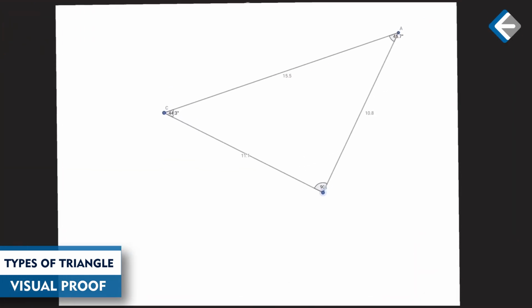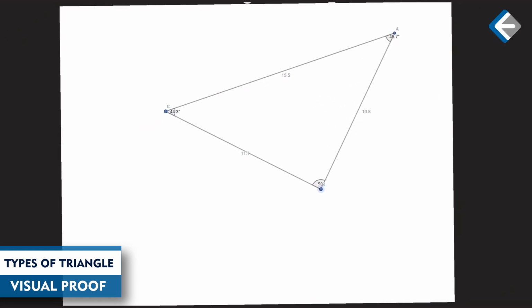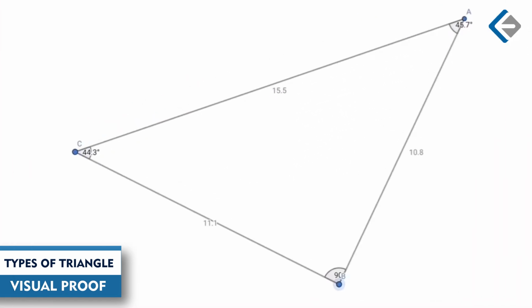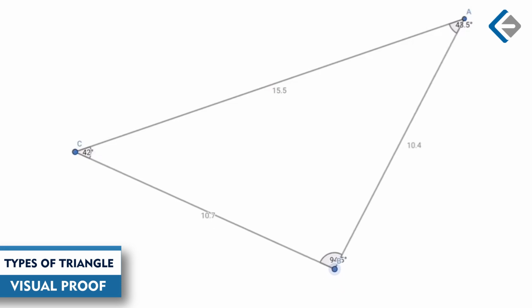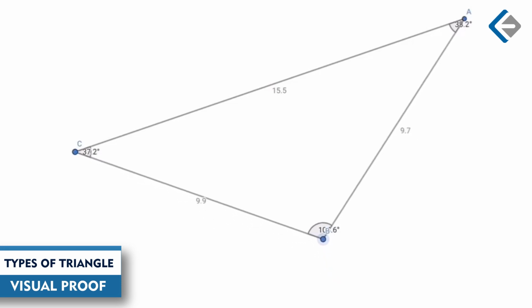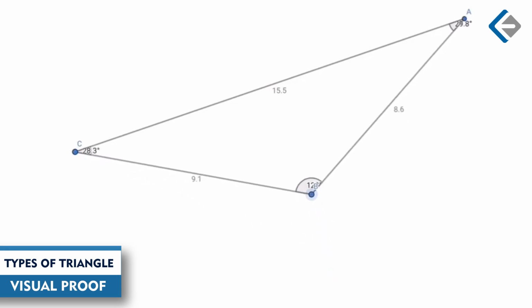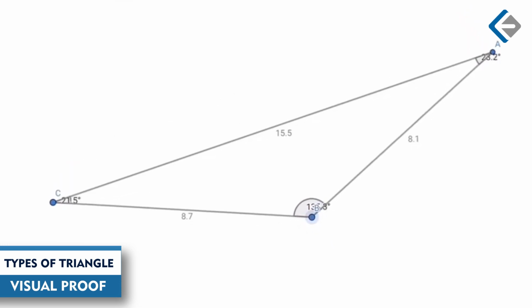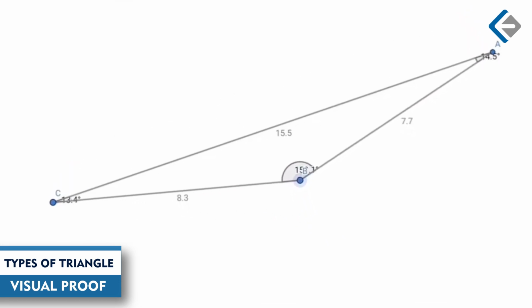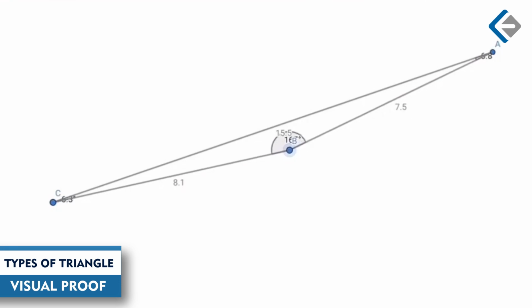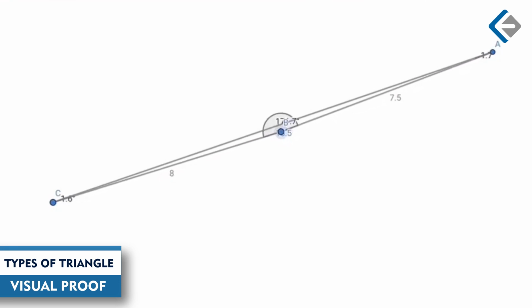Then it becomes an obtuse angle triangle. If you can see this triangle, first of all, it's a right angle triangle because one of the angles is 90. But if I increase this right angle from 90 onwards, it keeps on increasing. All the triangles you can see right now which are forming are examples of an obtuse angle triangle. The range is from 90 to 180.